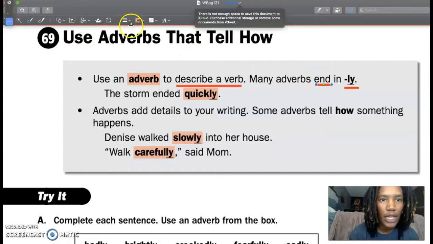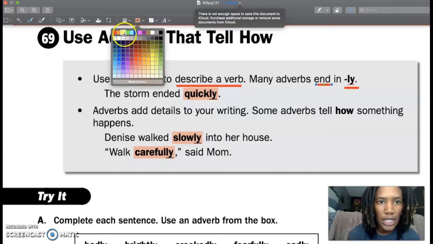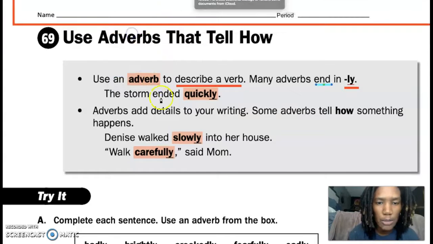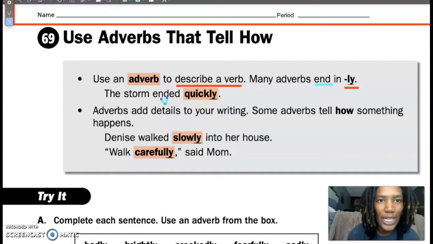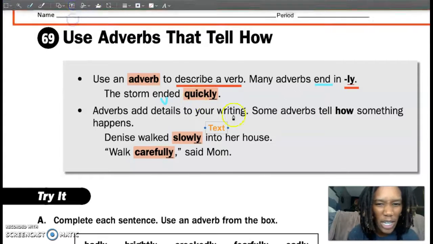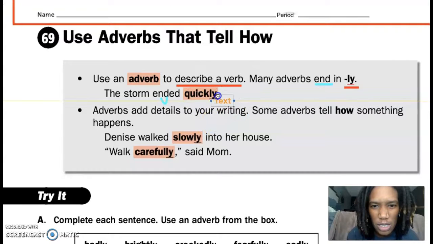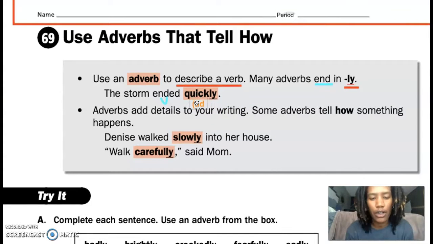Now, let's use this blue. Ended is our verb, right? And then quickly is our adverb. And what color should we make our adverb?